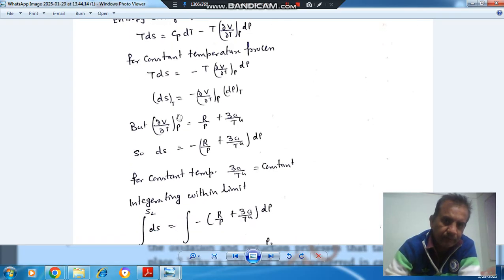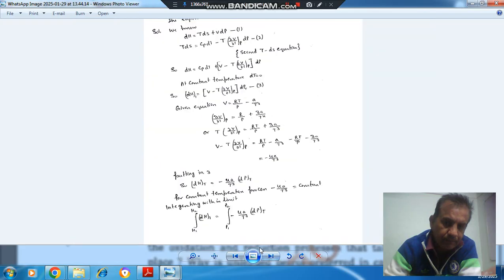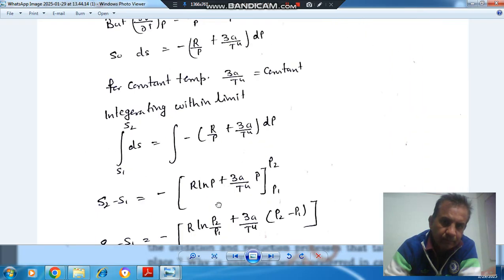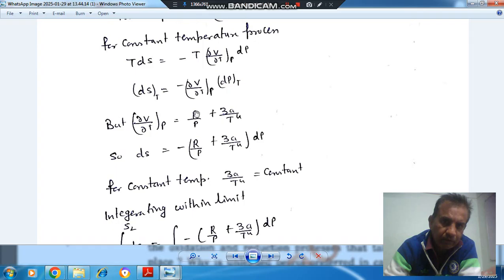But curl V by curl T at constant pressure we have found here also, that is R by P plus 3A by T4. So now we can put it here to find out the expression for entropy.